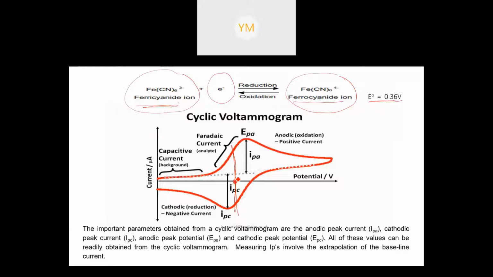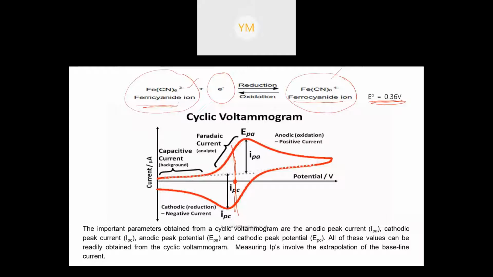If you check the literature, this is the value for this couple, ferric and ferrous, 0.36 volt.